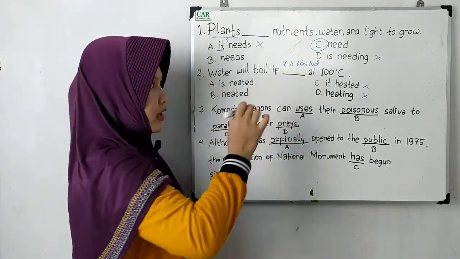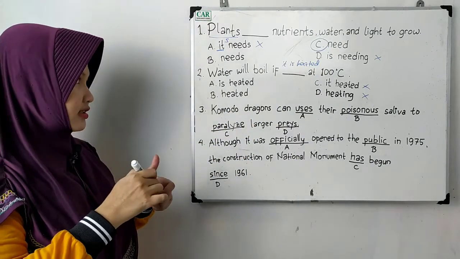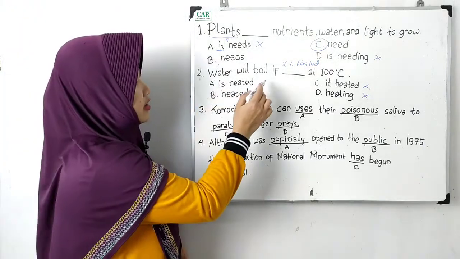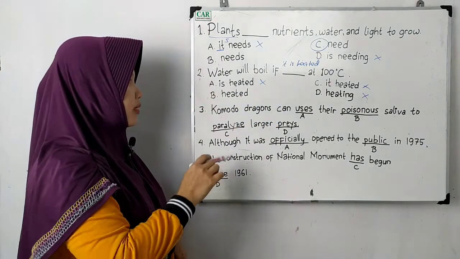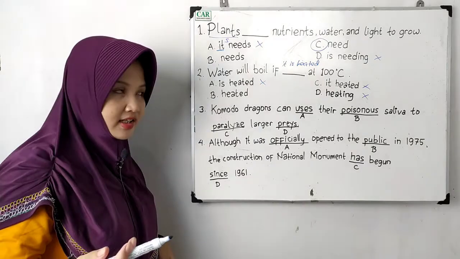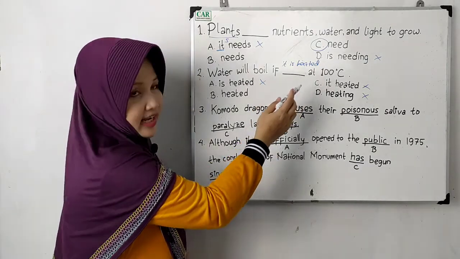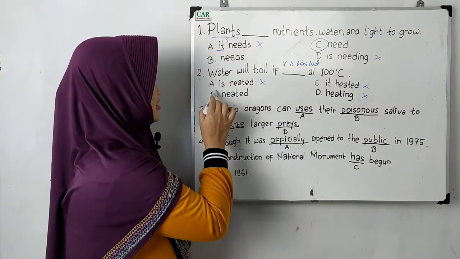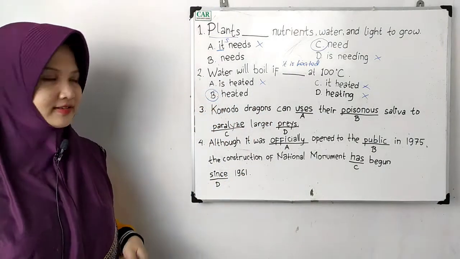The complete one, if it is heated. So option A, is heated without it, is incorrect. But why is option B just heated? Because if it is heated can be reduced to only heated. So the answer is B.